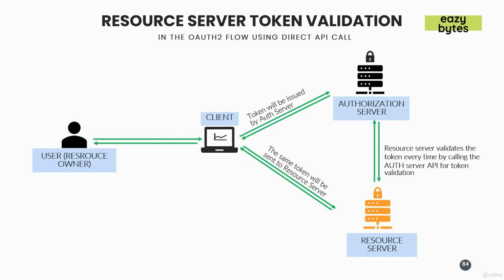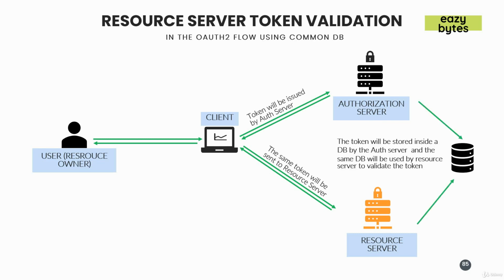Do you approve it or not? When the auth server says, okay, this is the correct access token which is issued by me, and its expiration time is also not met, then the resource server will go ahead and serve the protected resources that the client is requesting. So this is the basic first way.